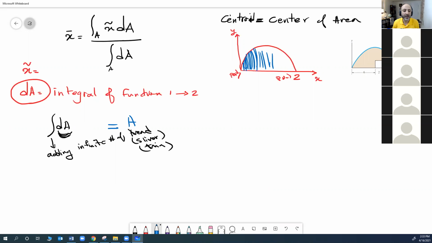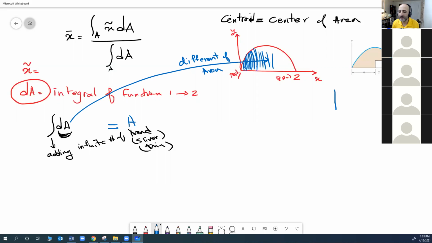So these dAs are these little tiny slivers of area. They are a differential amount of area. That's different than delta A. That's different than delta x. It has nothing to do with x. This is just a little tiny sliver of area.